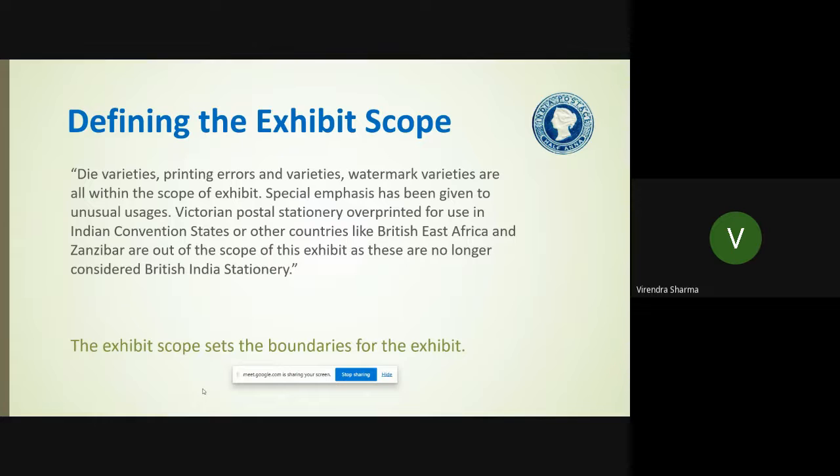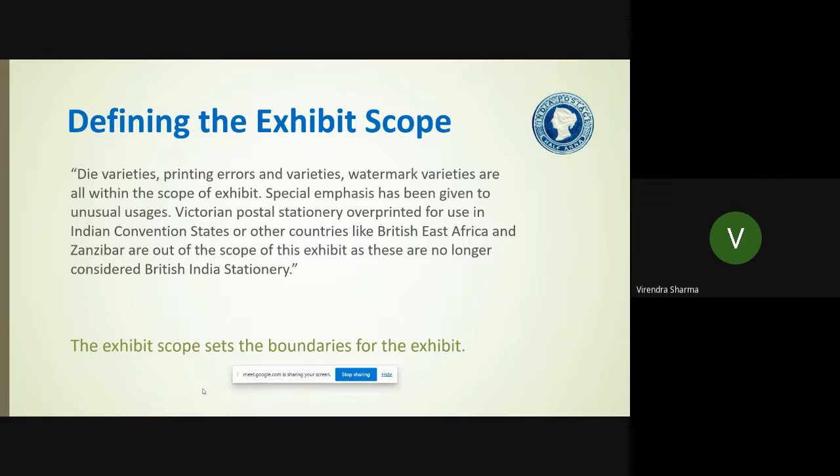Defining the scope, where you are defining the boundaries of your exhibit, like this I am covering, this is not, right? So the jury will find only those items which you have defined. In this particular example, the exhibitor has said dye varieties, printing error varieties, watermark, those are all within scope.